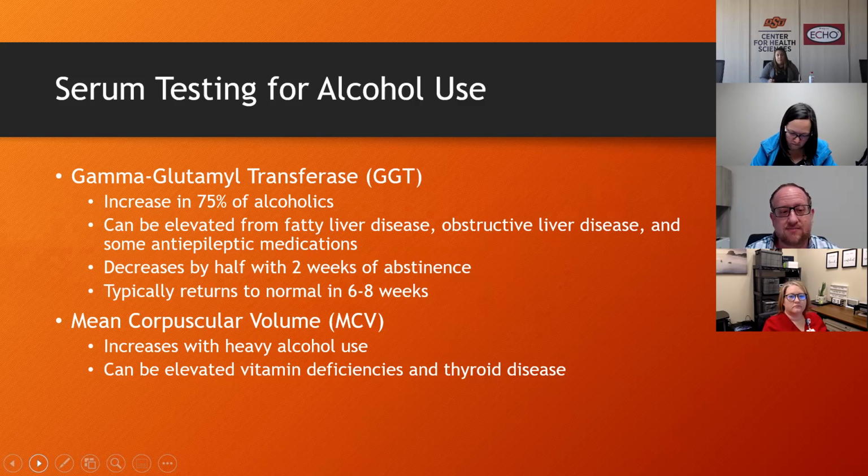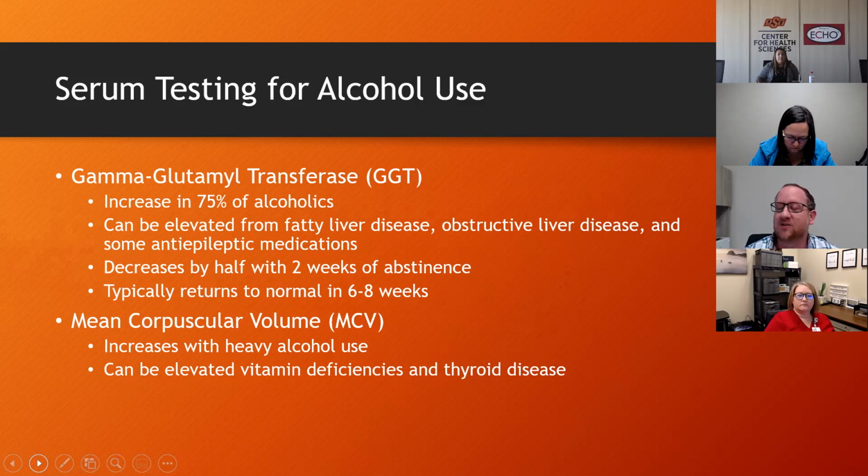The MCV is the mean corpuscular volume, and this is looking at the volume of your red blood cells. It's even less specific to alcohol use, but your MCV will increase in most individuals with heavy alcohol use.